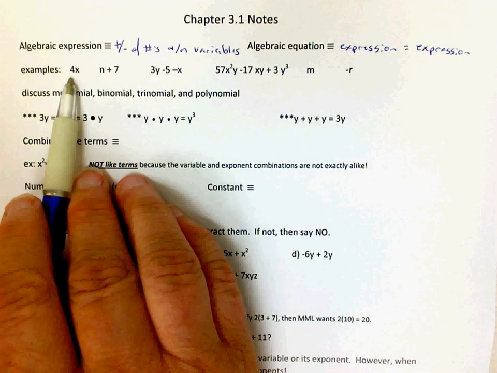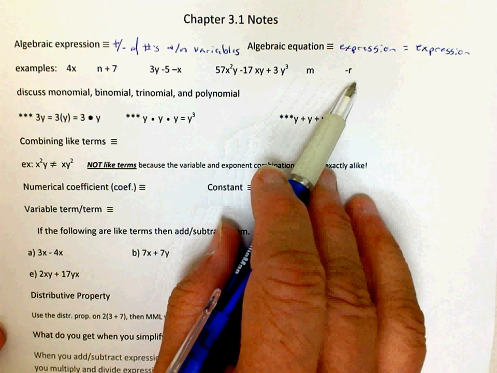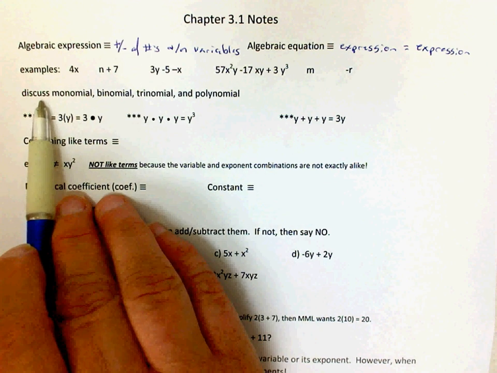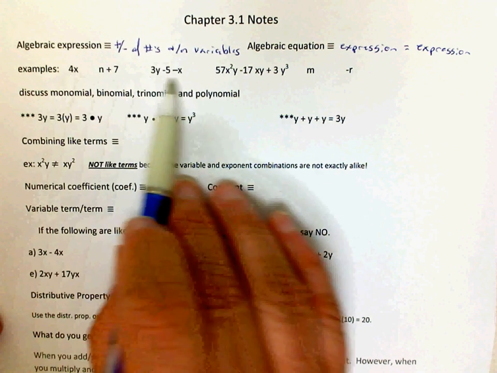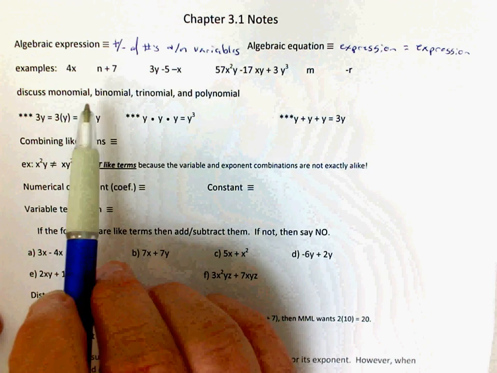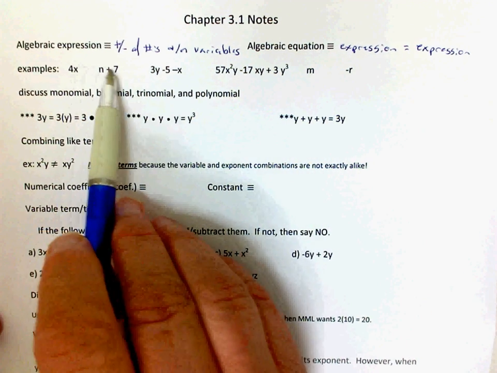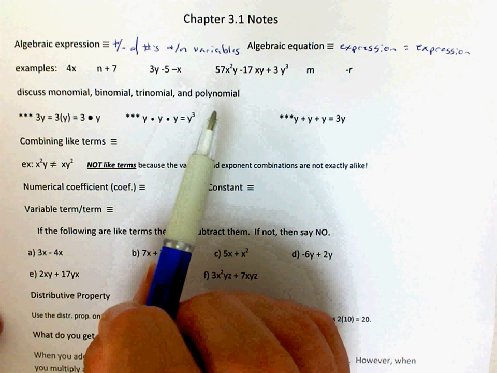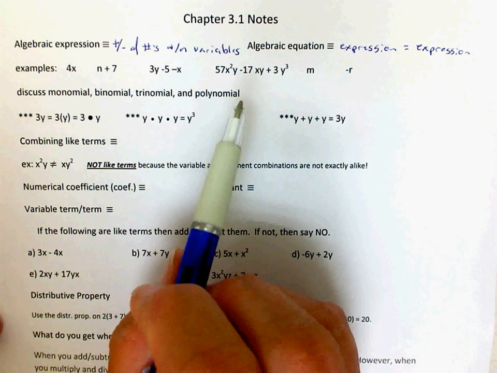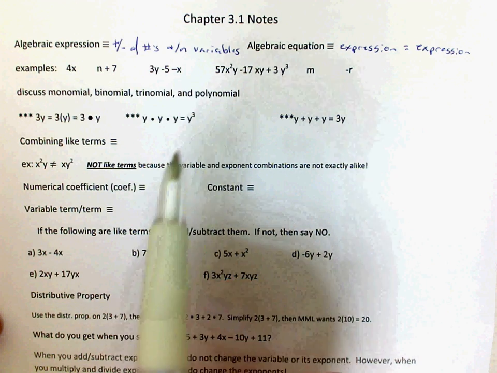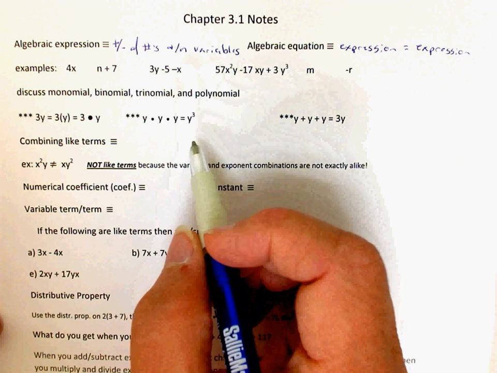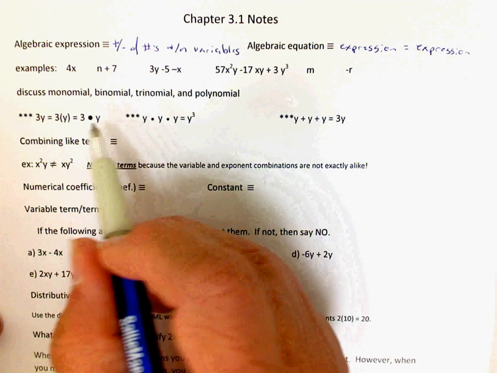Now here are some examples of algebraic expressions. Something we need to discuss is that these are called polynomials, because the exponents are positive and there's no fraction with a variable in the denominator, and there's no radicals like a square root in it.